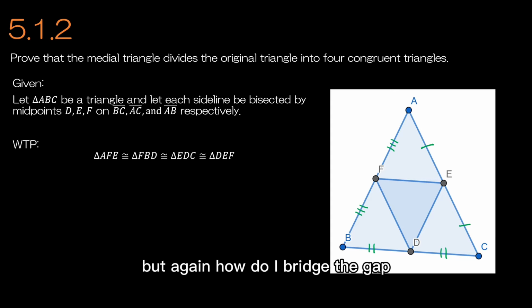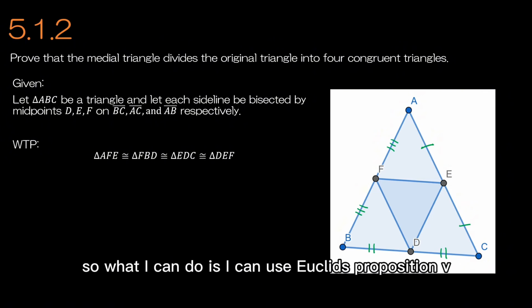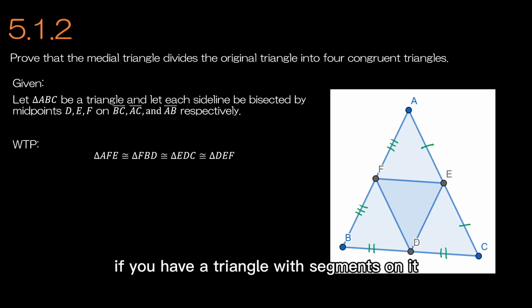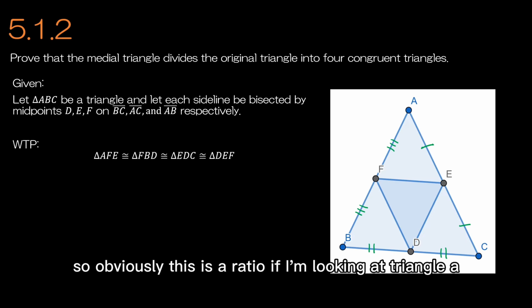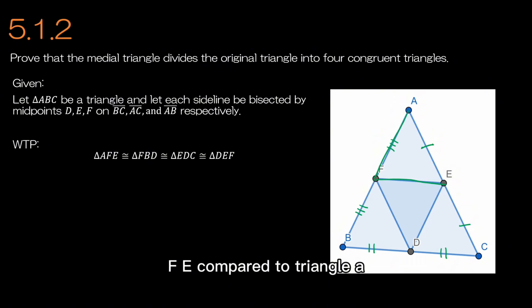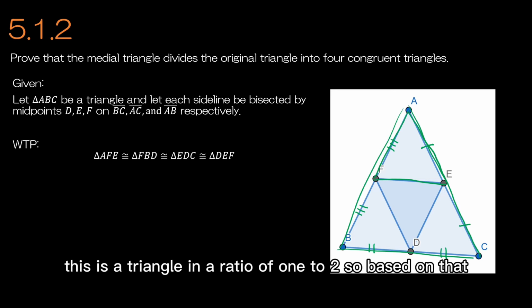But again, how do I bridge the gap? I've got some segments that are congruent, but that interior triangle, the medial triangle itself, EDF, doesn't have any congruencies. So what I can do is use Euclid's proposition VI.2, which says if you have a triangle with segments on it that are divided in the same ratio, so obviously this is a ratio if I'm looking at triangle AFE compared to triangle ABC, as we've done many times before, this is a triangle in a ratio of 1 to 2.